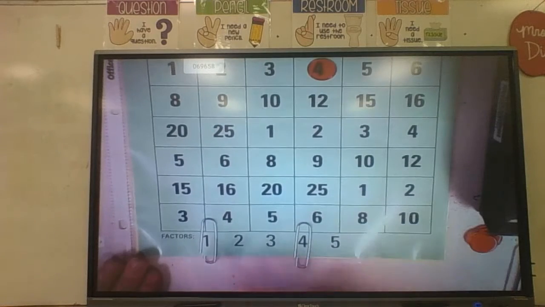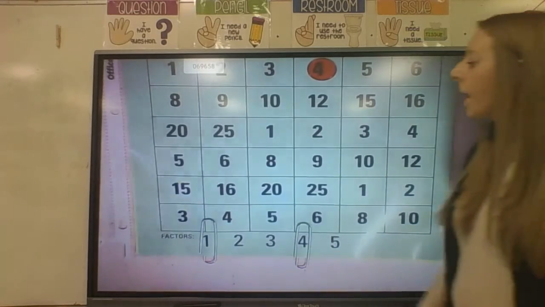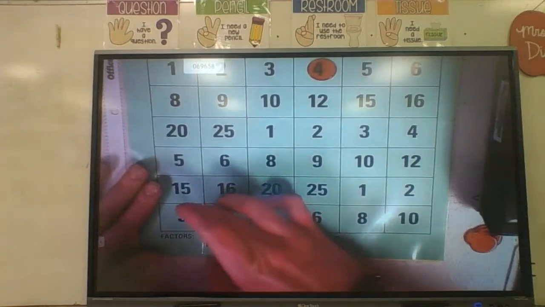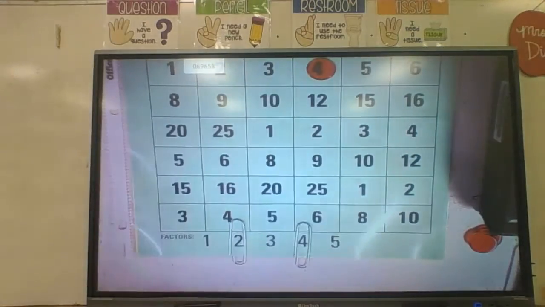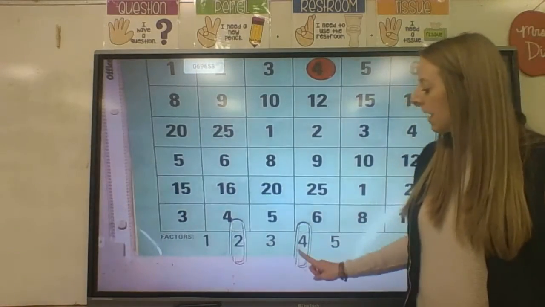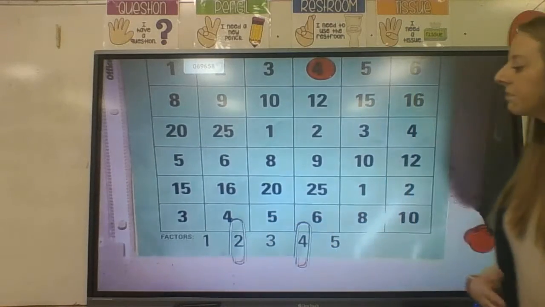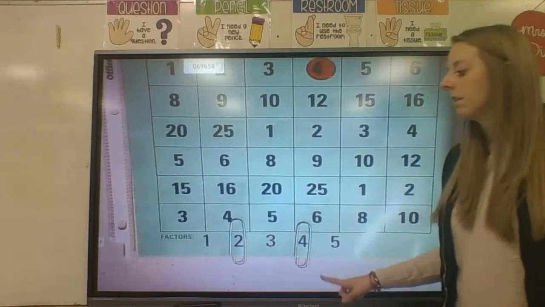I'm going to come over here and I'm going to move just one of these paper clips. I'm going to move this first paper clip so that it sits on 2. Now remember, after I move the paper clip, I'm going to multiply them together to find the product. So 2 times 4.